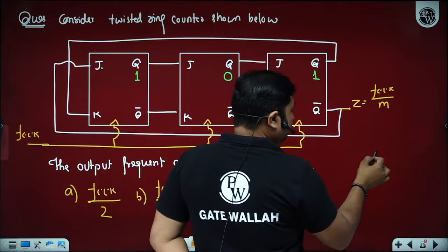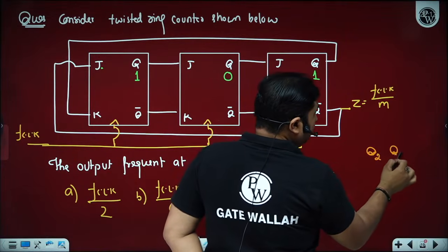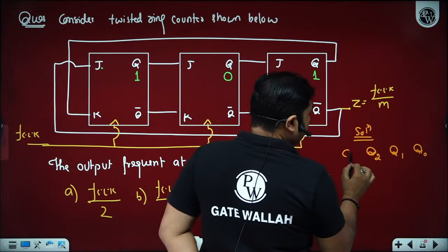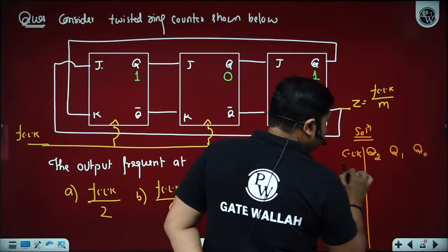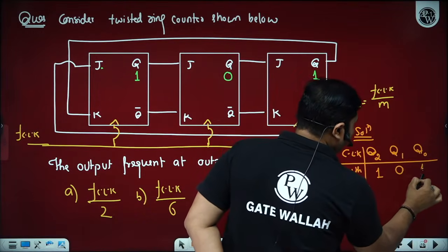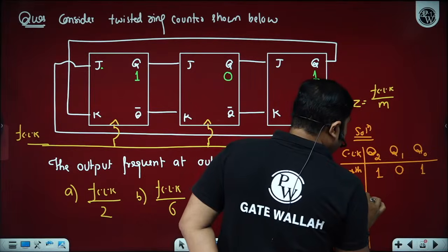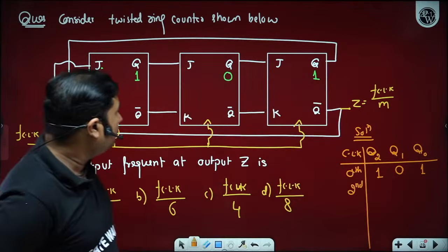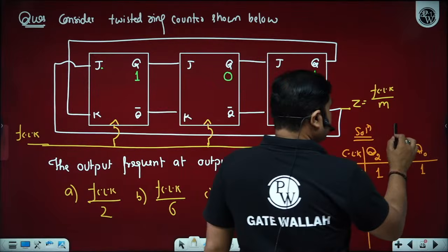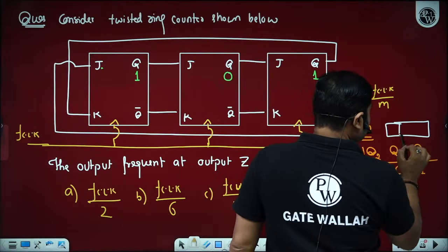Let me assume it Q2, Q1 and Q0. I am doing the solution part. Please observe. And we have a clock. Initially, suppose on the 0th clock pulse, we have the state 101. We all know this is a Johnson ring counter. The Johnson ring counter will have a circuit equivalent to this circuit.